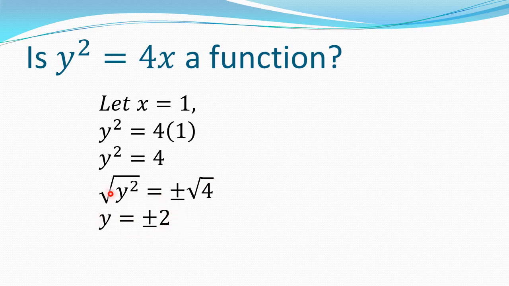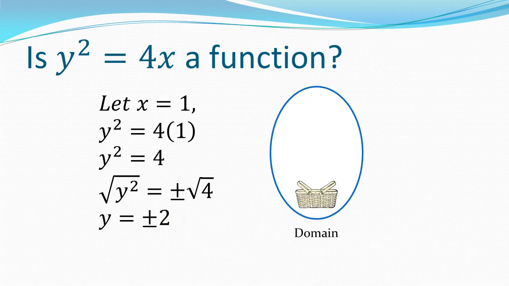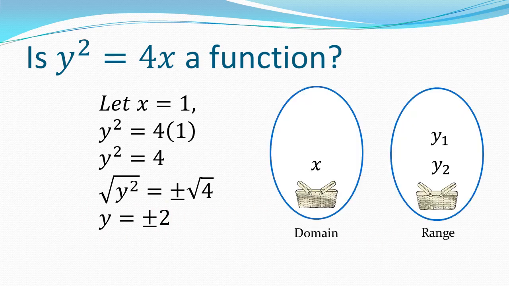But here's what's interesting. This is now no longer a function, so let's explore that a little bit. Here you have the domain and the range. Your x here was 1, and y1 is, say, positive 2, and y2 is negative 2. So this is in the domain, and these are in the range.